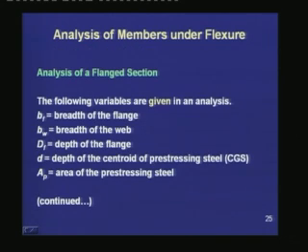Now, in the analysis of a flange section, the following variables are given. We know the geometric properties of the flange section, that is, we know BF, the breadth of the flange, we know BW, the breadth of the web, we know DF, the depth of the flange, we know D, the depth of the centroid of the pre-stressing steel, which is the CGS. We also know AP, which is the area of the pre-stressing steel.